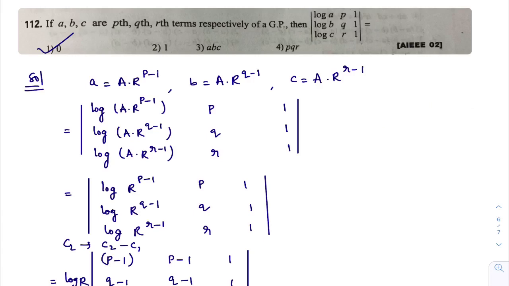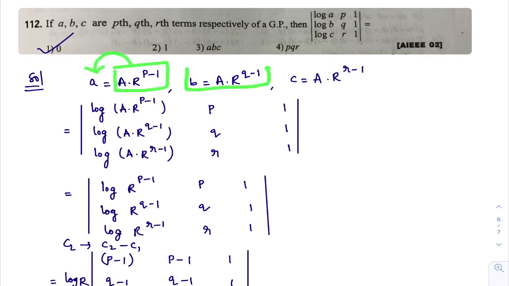To avoid confusion, here I am taking the first term as capital A and the common ratio as capital R. What is a? It is the pth term. That means a is capital A into R power p minus 1.